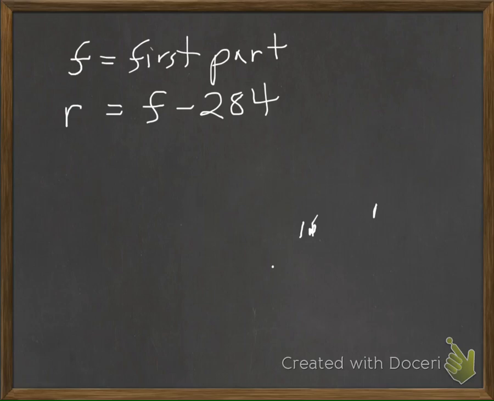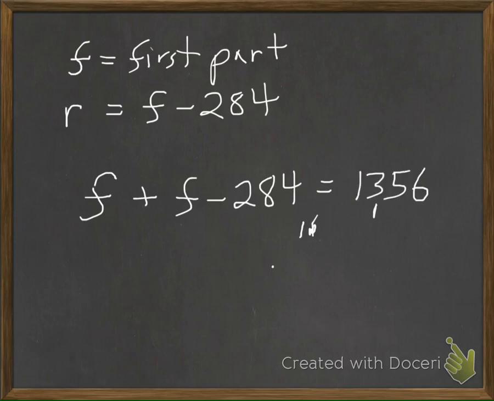And then it tells us that the total distance is 1,356. And a total means we're doing what operation? Adding, right? So we're going to add the first part of the trip, which is F, plus the return trip, which is F minus 284. And that should give us our total, which is 1,356.